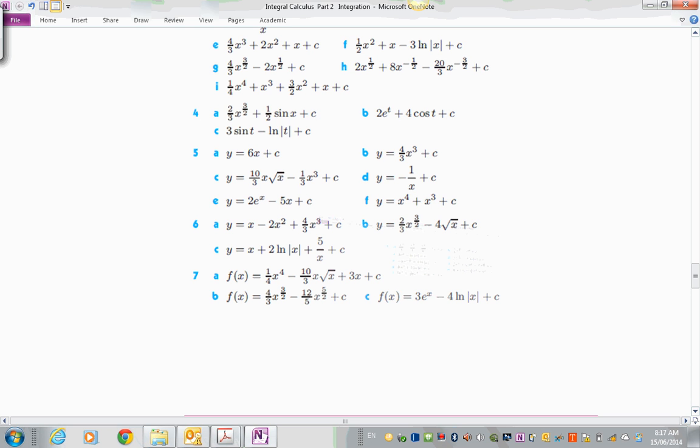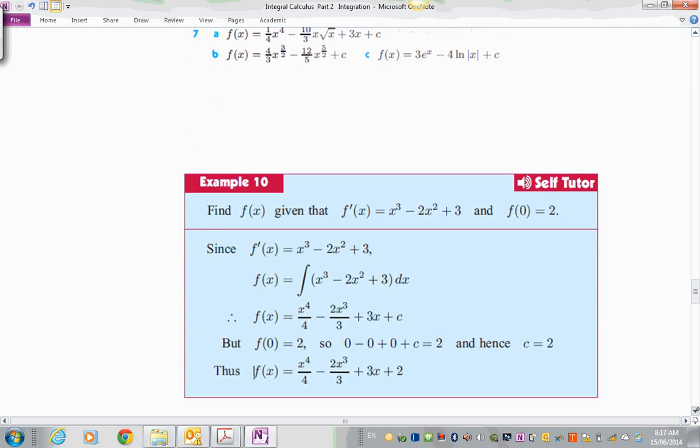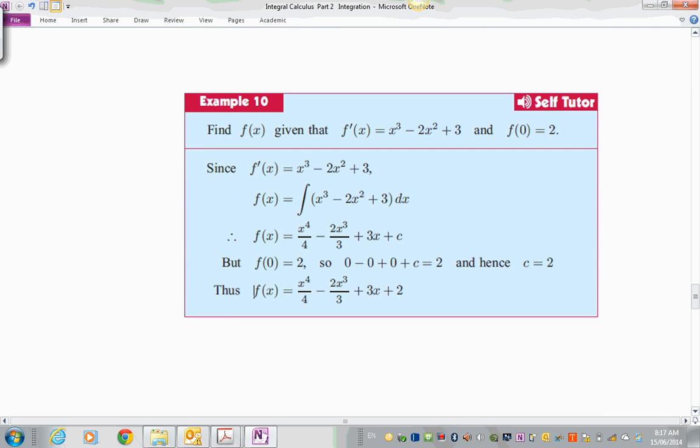Okay, let's go on to one other type in this presentation. And there's a couple of others still in integration to see how it all evolves and how we can use it in actual fact. So if we're given the derivative like that, and we're also given a function value, f of 0 is 2, what could we do? Let's have a look.